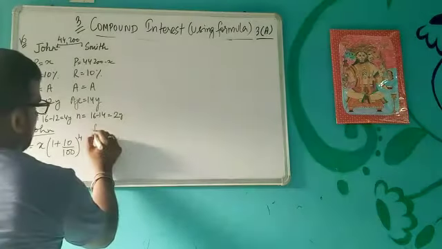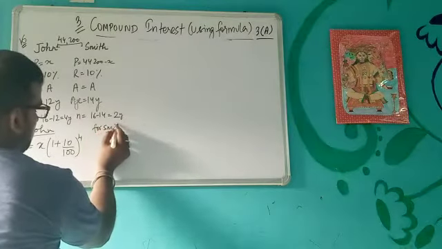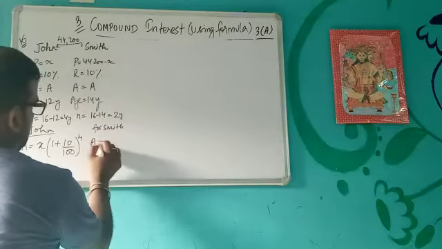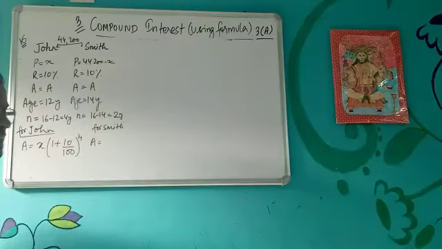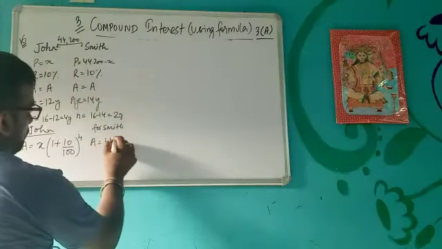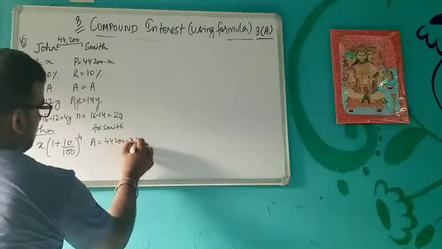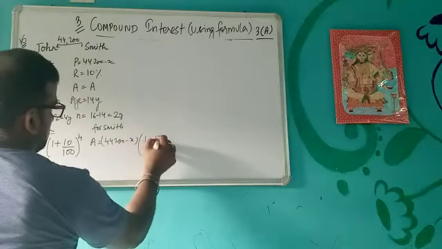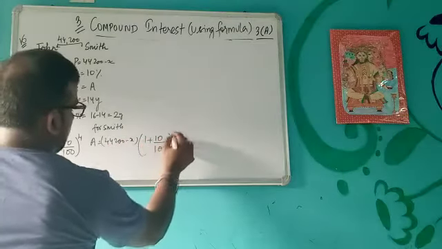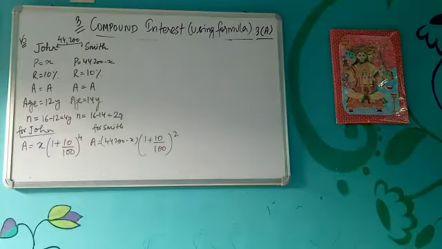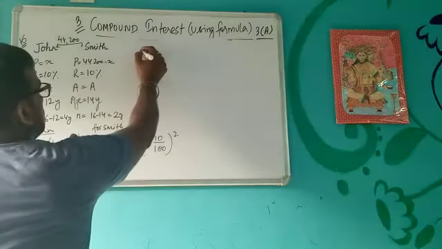Then we will calculate for Smith, same method. A will be the same because they are getting the same amount. 44,200 minus x into 1 plus 10 upon 100 to the power 2. Then we will compare these two.